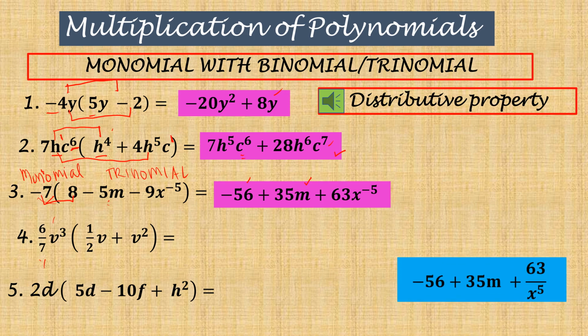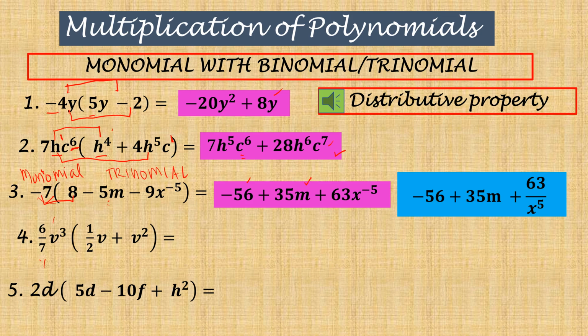So therefore, we have it as our final product. The negative 56 will be written as is. The 35m, because the m has a positive 1. And then the x to the negative 5, it's already in the denominator, but the negative 5 is already positive. So our final answer is no longer containing a negative exponent. Let's proceed to number 4.